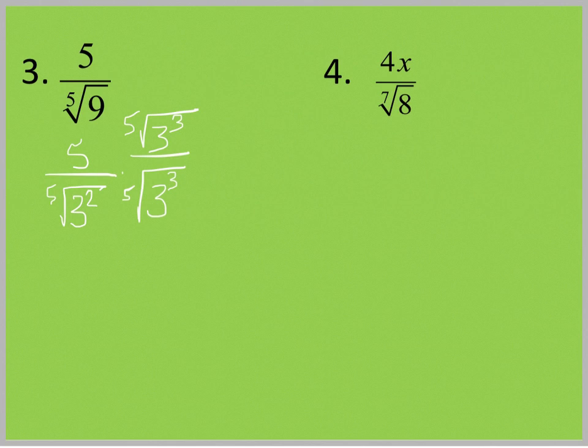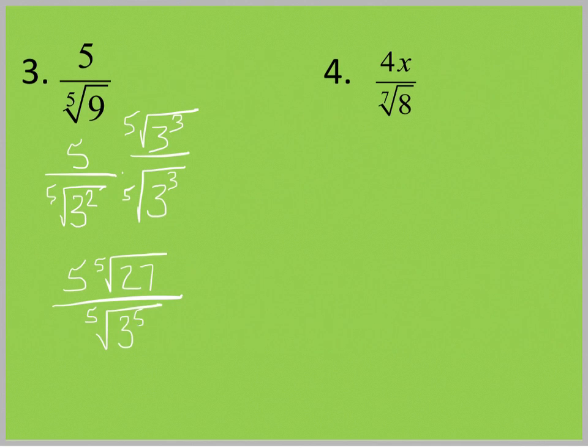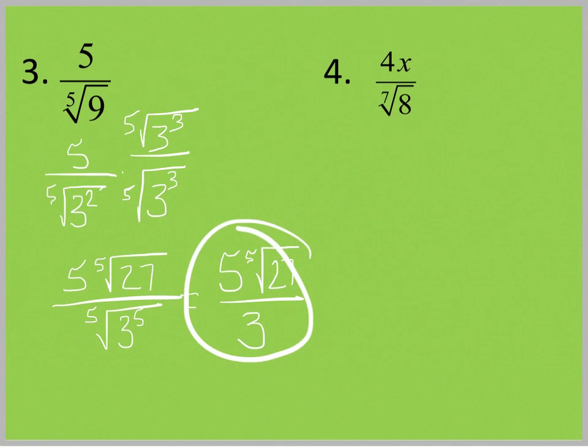Now if I do that again, I multiply the top, that 5 is going to stay on the outside. 3 cubed is 27 over, we'll get the 5th root of 3 to the 5th, because you add those exponents. So then our final answer will be 5 times the 5th root of 27 over 3. Because remember, my index and exponent were equal, so the radical cancels out, and that's our final answer.